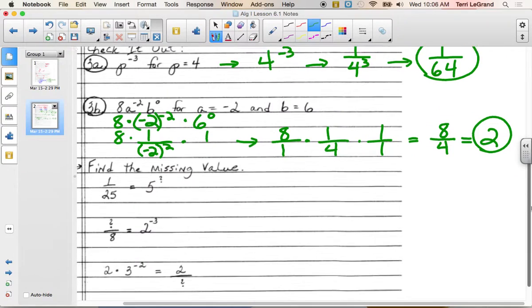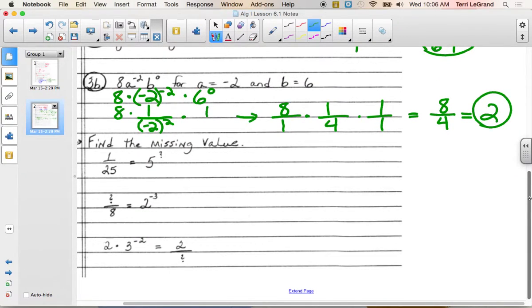Okay, in your homework there's going to be some fun ones like here. Find the missing value. 1 over 25 equals 5 to the question mark power. We're looking for what power that would be. So how are we going to show work for that? Well, we're going to take the one that was given to us and rename it.